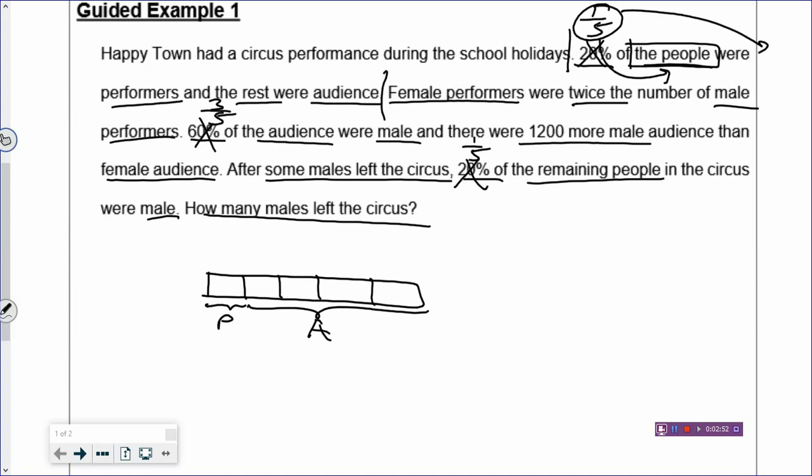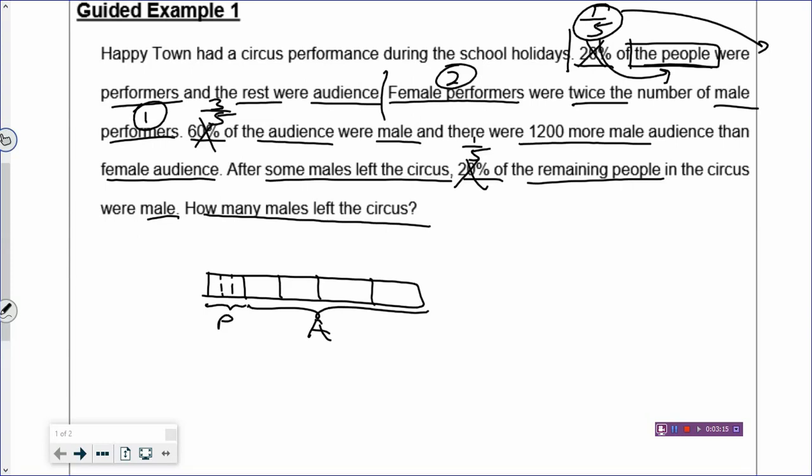Now, female performers were twice. Twice means 2 times the male performers, which is 1 time. Alright? Then you look at the model. Where are the performers? Isn't that your 1 box here? 1 box of performers. And the female performers is 2 units, and the male performers is 1 unit. Add together, you have 3 units. So the performers have 3 units.